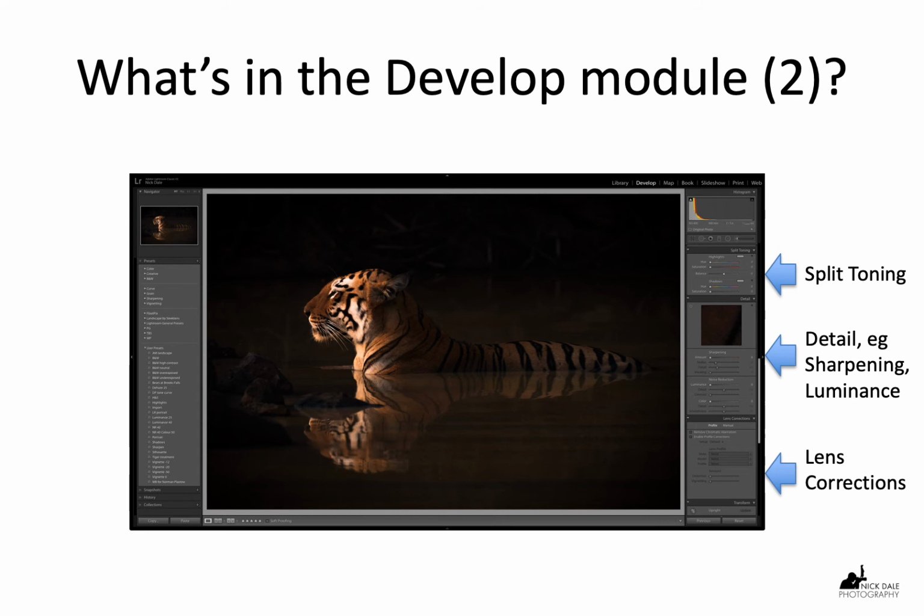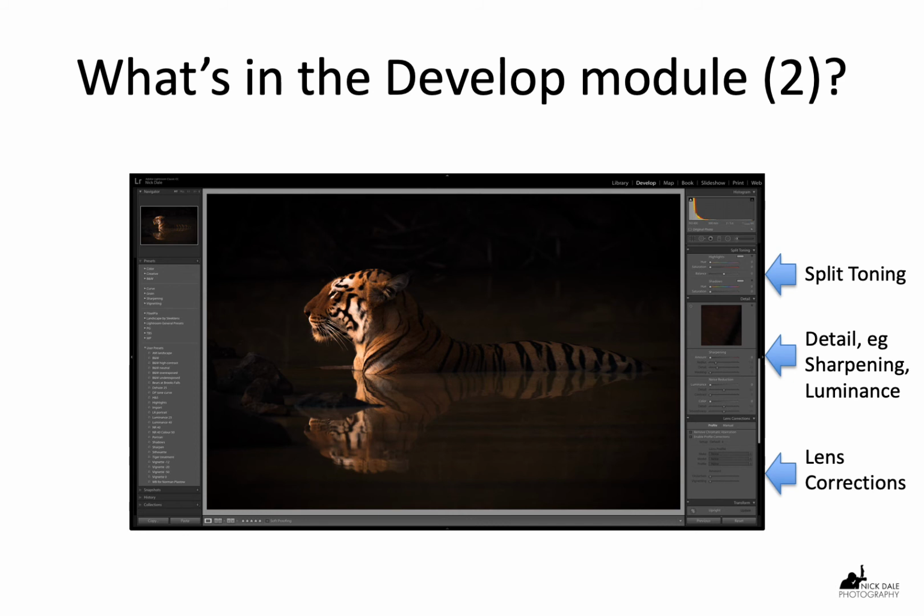And then the checkbox underneath that will automatically change the image based on the profile that Lightroom has for the lens that was used. So occasionally it can't find it, but generally if you click on that tick box for a particular image, then you'll be able to correct images such as the pincushion effect, which is where the rectangle is squeezed or pulled at the corners, if you like.